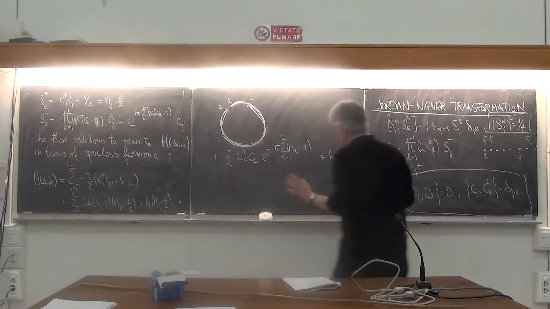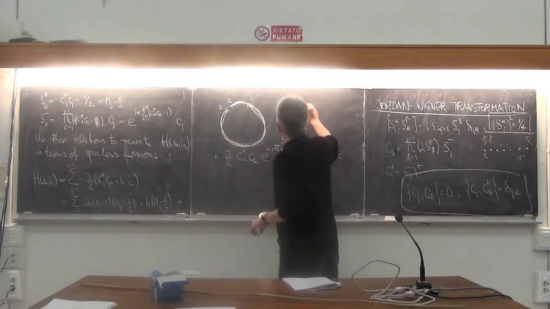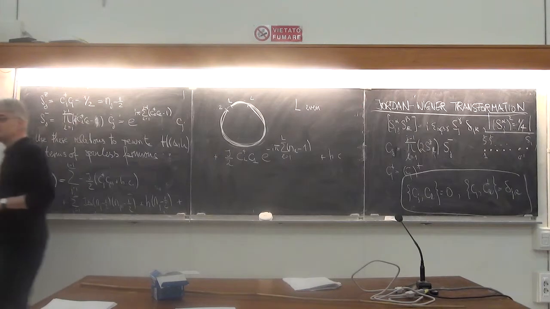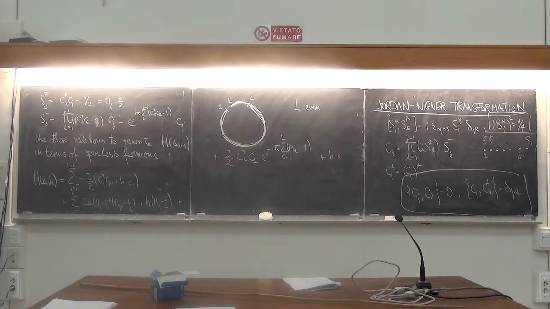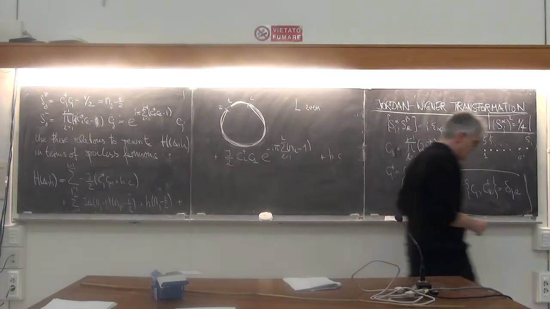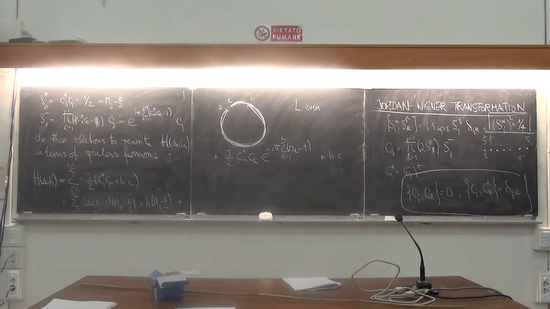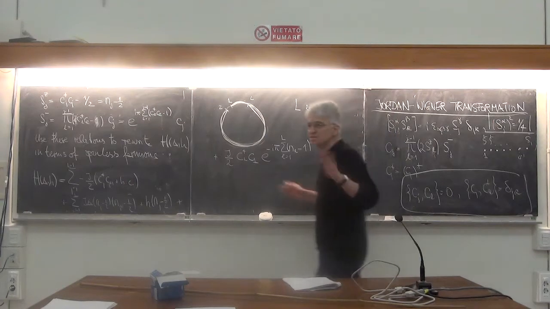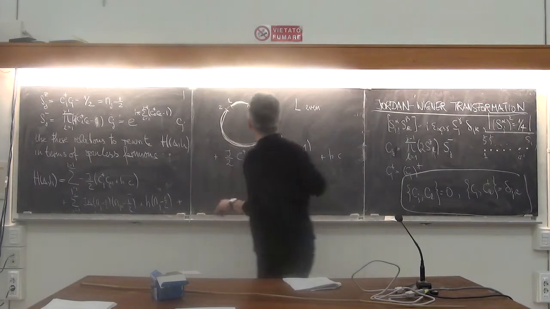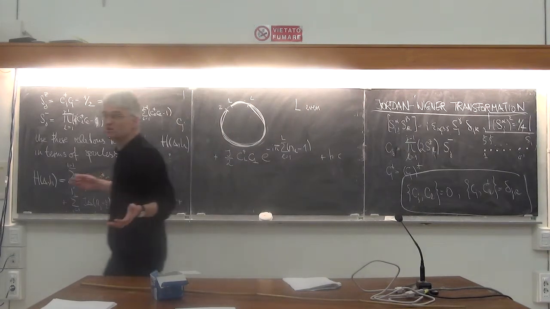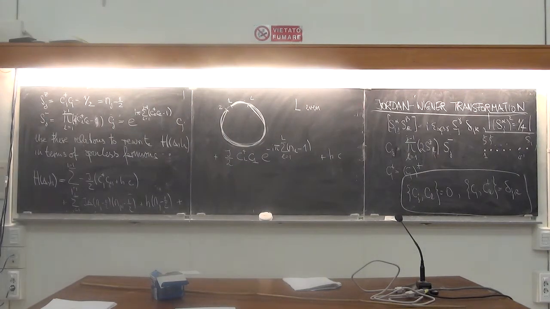Okay? Now, I will assume that my lattice has an even number of sites. Okay? This is not really a big restriction because in the end of the day you're interested in thermodynamic limits of very, very large L, and you can show, although this is actually not as easy as you might think, that L even and L odd, as far as physical observables are concerned, give you exactly the same physical observables.